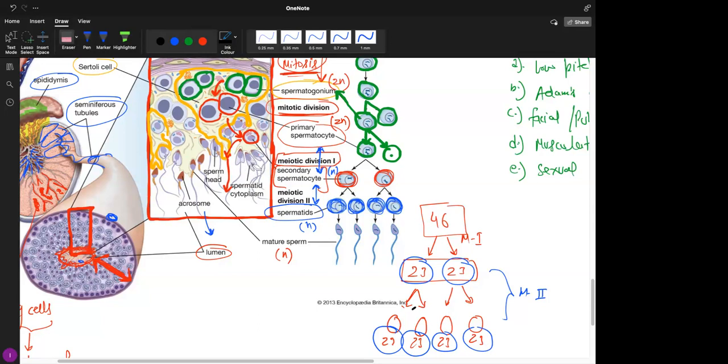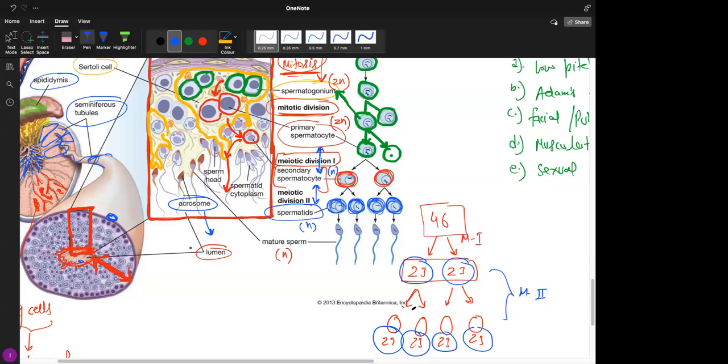See all these heads. These heads are, which is called spermatid cytoplasm. They are all embedded in the Sertoli cells, these yellow things, right? So their head is in the Sertoli cells and then they develop the tail. So they are kind of hanging into the lumen where their head is inside and their tail is formed in the lumen.